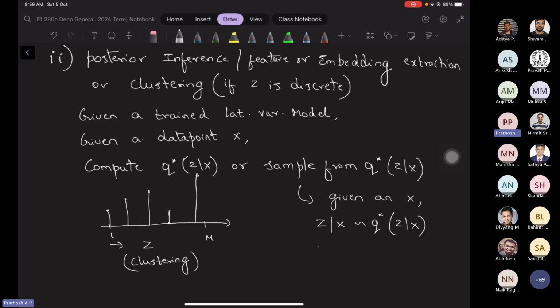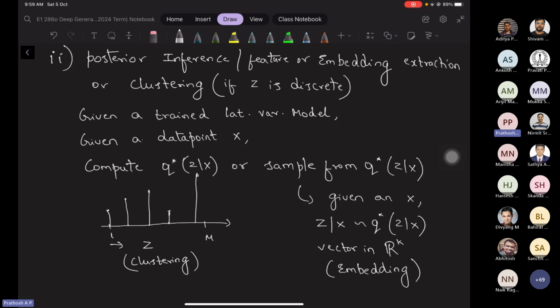This will be a vector in some R^k, where the z lies. This is typically referred to as the embedding. All these BERT embeddings, textual embeddings and image embeddings that you see, are nothing but samples from the latent posterior given data. This is one other usage of latent variable models.